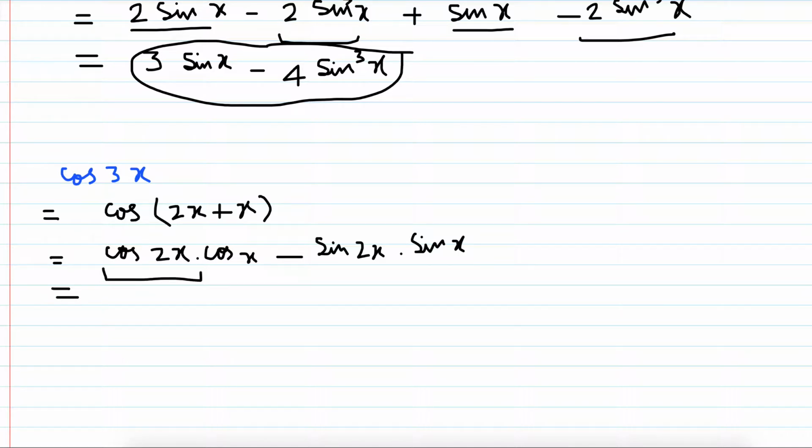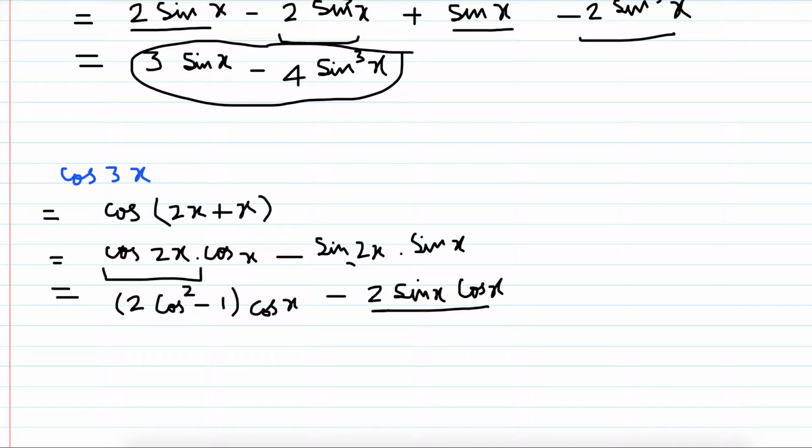Now in place of this cos 2x we can write 2 cos square x minus 1 and the remaining cos x here, and in place of sin 2x we can write 2 sin x cos x, and the remaining sin x.